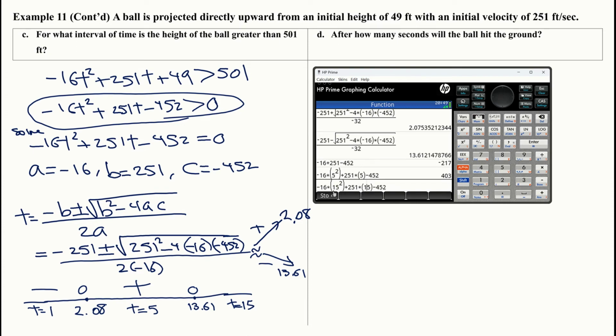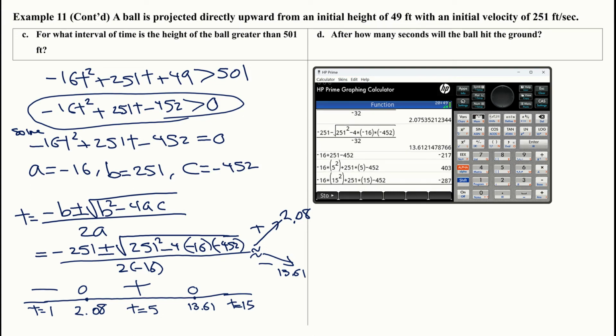It could be. In this case, it doesn't make any difference, right? So I can just leave it in there. And I get a negative value. So notice the only time when this inequality is satisfied is between 2.08 and 13.61. At all other times, that inequality is negative, right?